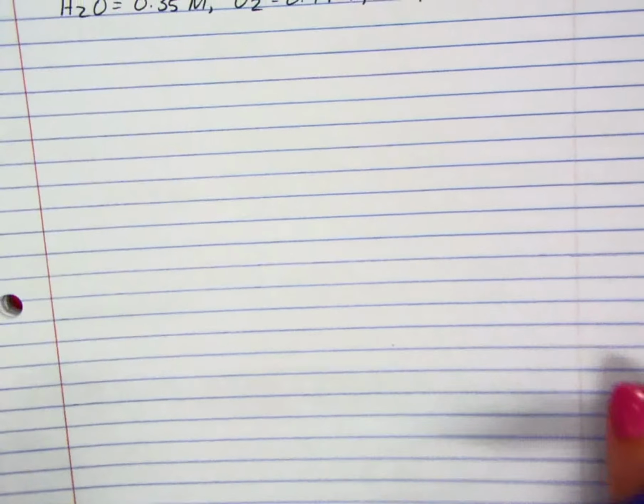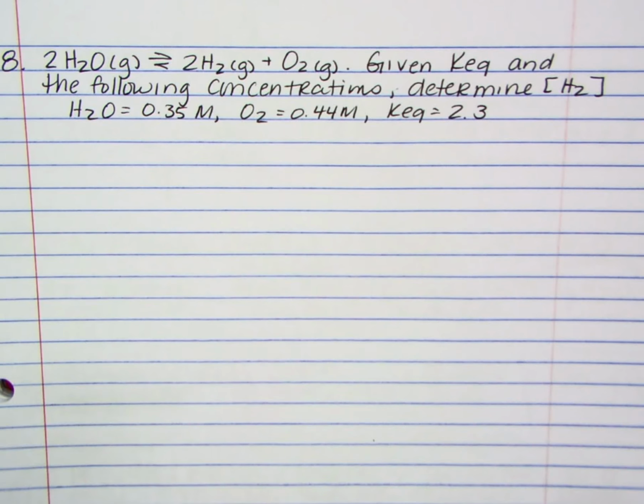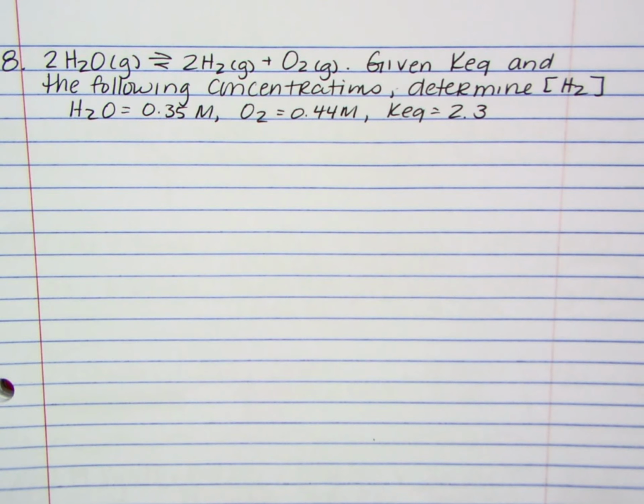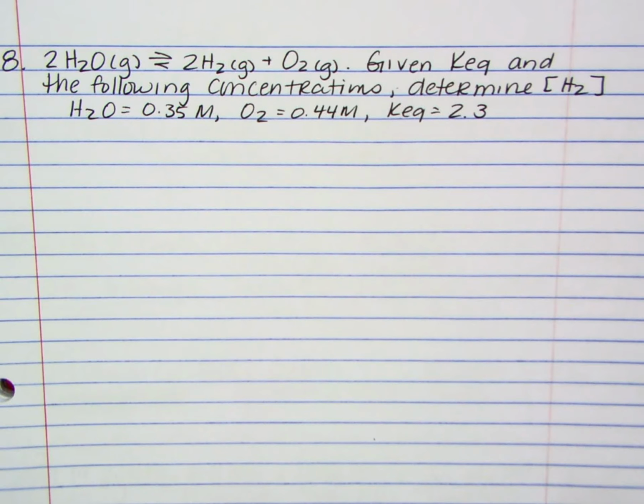All right, and let's look at one more like this because I know that those ones can be a little challenging, the rearrangement. Okay, so for this one, we've got 2 H2O gas reversible reaction 2H2 plus O2. So the first thing I need to do here, just like always, is to set up my KEQ equation.